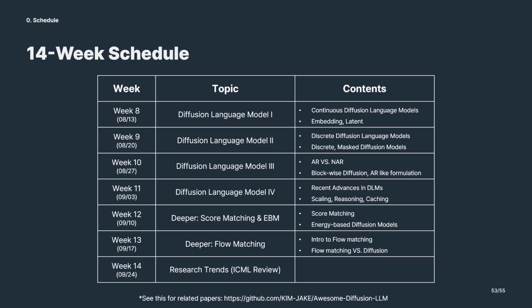Next, we'll examine recent advancements in diffusion-based language models, including scaling, reasoning, and caching strategies. After building this foundation, we'll go deeper into core theoretical components, score matching and energy-based models in week 12, followed by flow matching and its comparison to diffusion in week 13. Finally, we'll wrap up with a discussion on recent research trends.